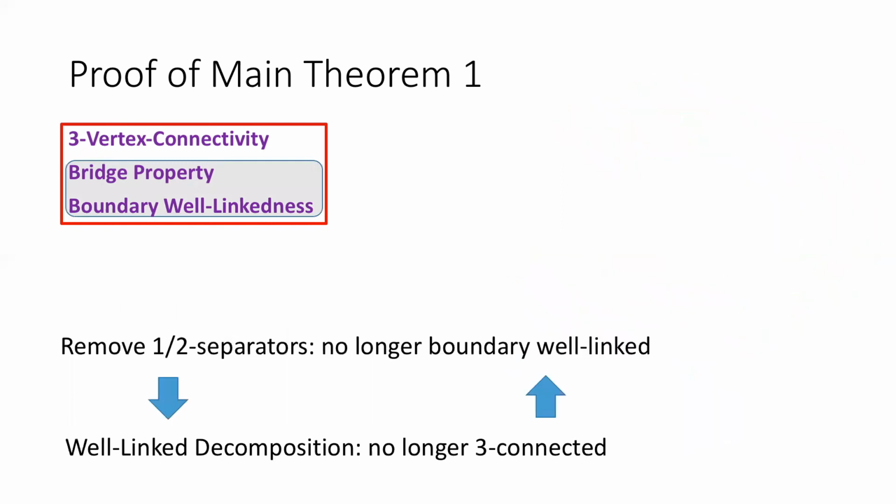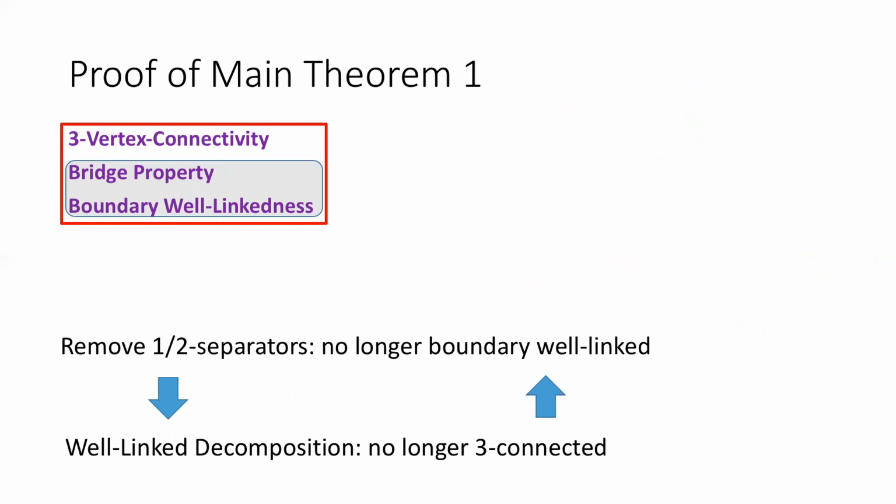But we also have to ensure the three vertex connectivity property, and this is the most difficult part of the proof. Let me briefly explain why. If all we want is three vertex connectivity, then we can repeatedly remove 1 and 2 separators until each cluster is reconnected.